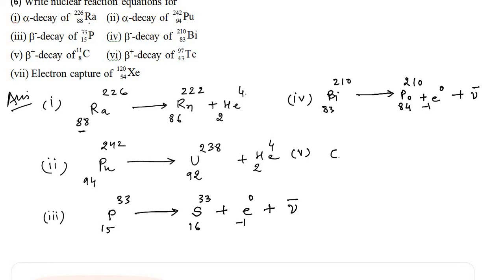Reaction number 5. In reaction number 5, beta plus decay from carbon. C 6 11 is given to us. Actually, students, it is not 8, it is a mistake in the question. Actually it is 6.